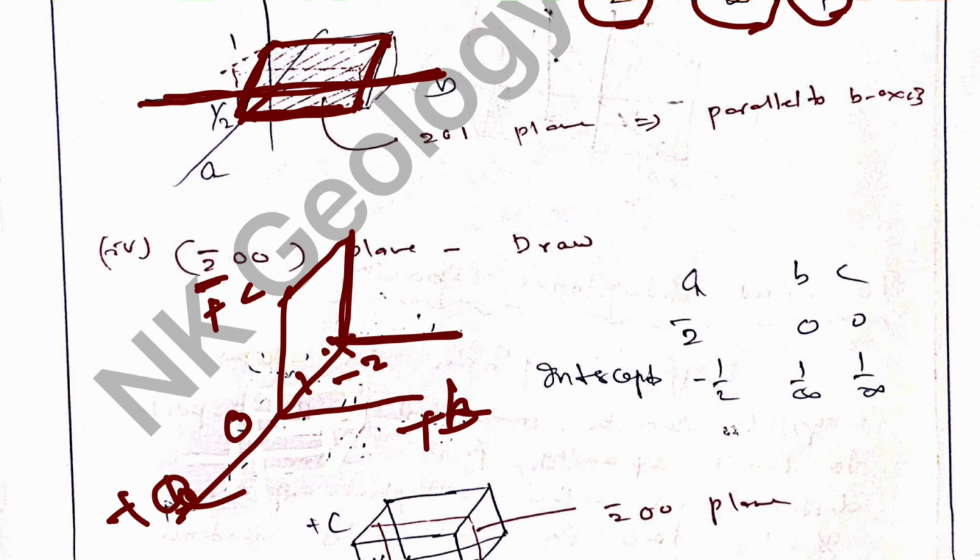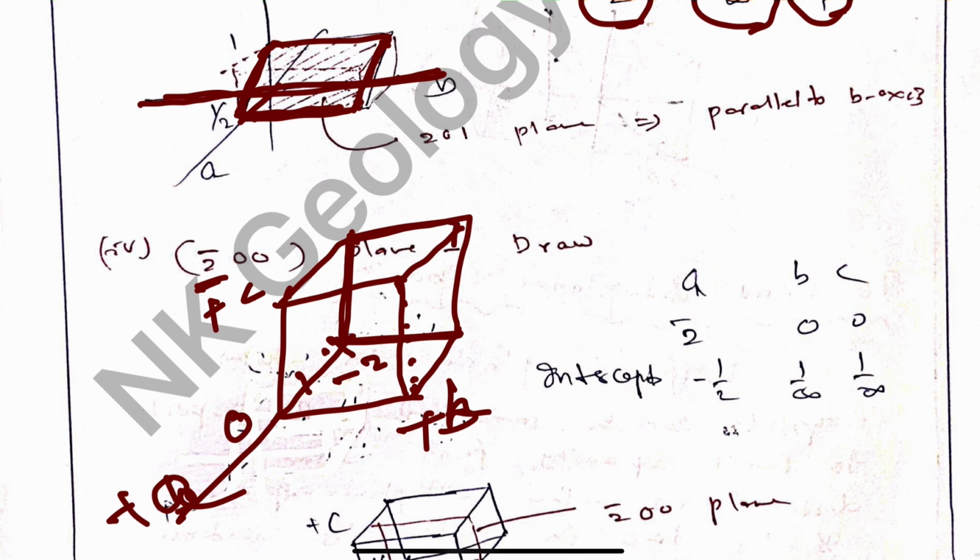So the plane will be this plane. This plane is parallel to B axis. This plane is parallel to C axis, and this plane is cutting A at -2.